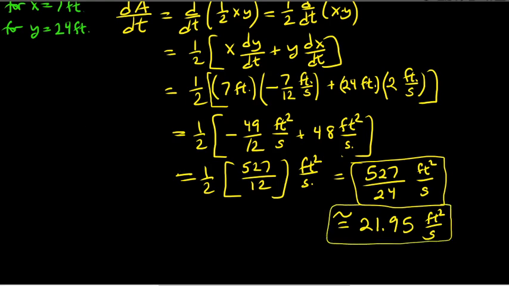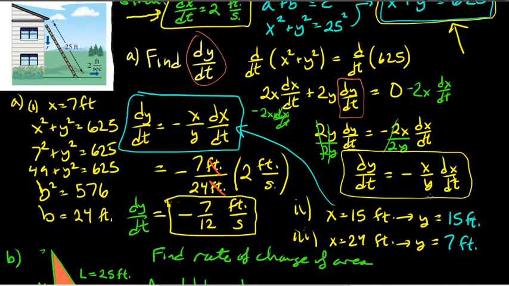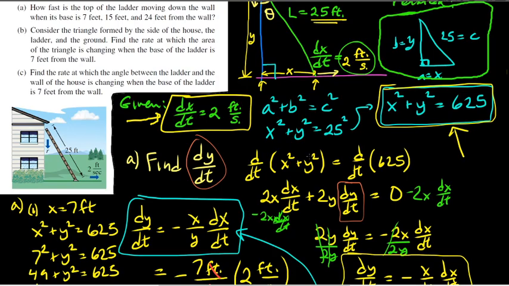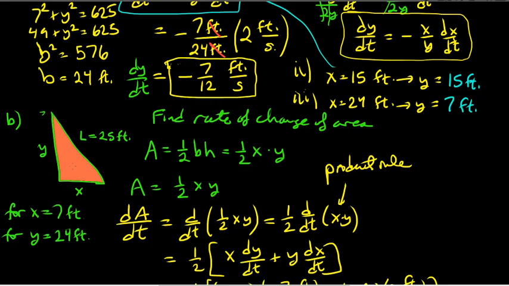Actually, it's 21.958, so that 5 should really round up to a 6 if we're doing 2 decimal places, and I think we are. 21.96 square feet per second. Yeah, I'm not that picky. If you're off by 1/100th of a square foot, it's not that big a deal. But that's part B, right? So that's how quickly the area is changing at that moment.